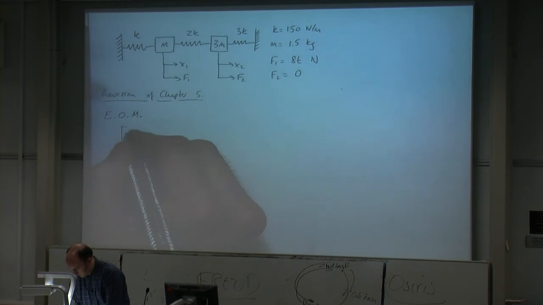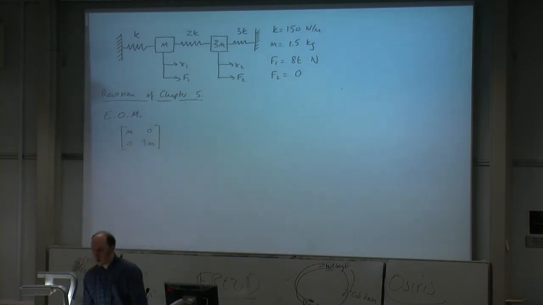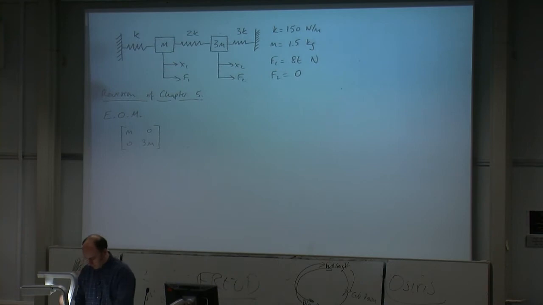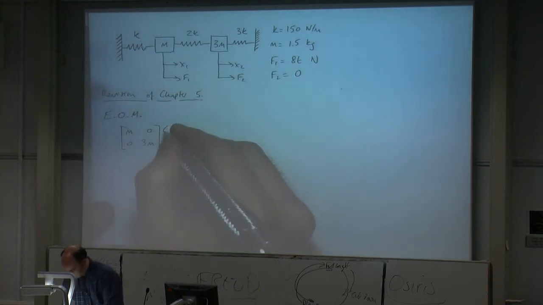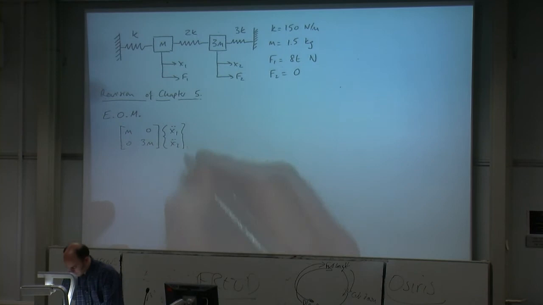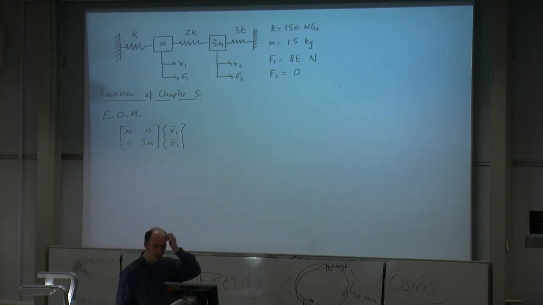So we've got m and 3m, 0 and 0. Okay, so there's the mass matrix. And that is multiplied by the acceleration, x1 double dot and x2 double dot. So there's our ma, Newton's second law.